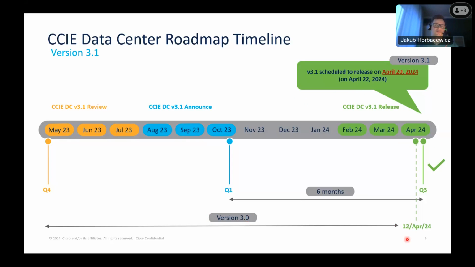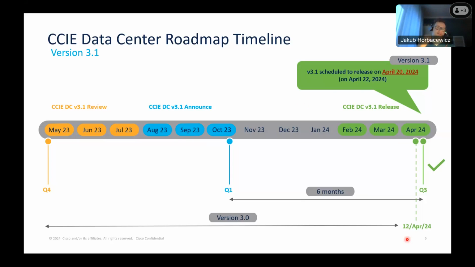Now you may wonder, what about the dates between the 12th and 22nd of April? For one working week, so for 5 days, the entire CCIE Data Center track is going to be shut down. This week is taken out from the booking system for the CCIE DC exams, because we need to make the necessary modifications, changes and upgrades in the delivery pods in our testing locations to support the new version of the exam.